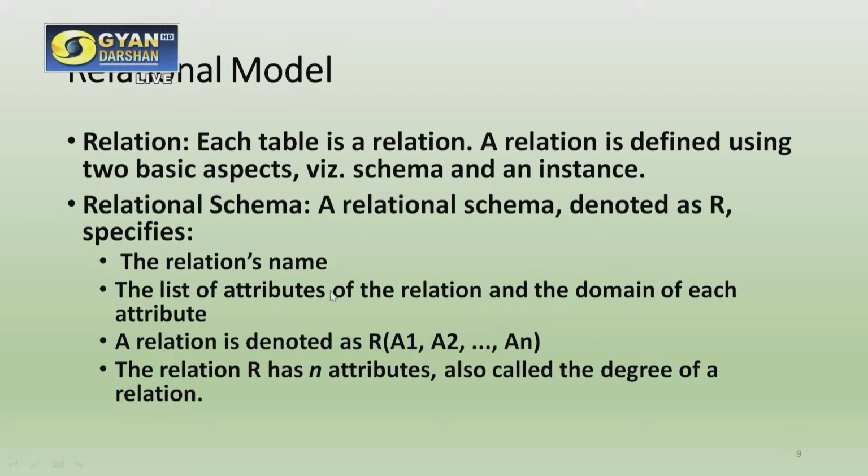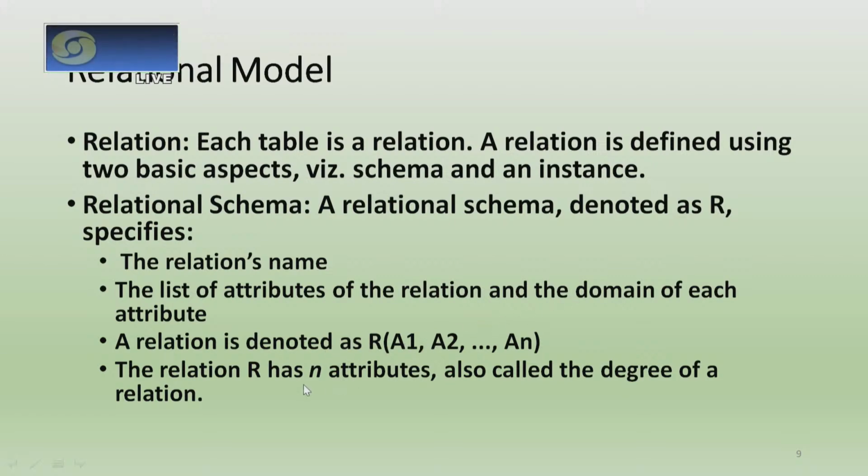It specifies the name of the relation, the list of attributes of the relation, and the domain of each attribute. So if a relation is denoted as R(A1, A2, ..., AN), R is the name of the relation, and A1 happens to be an attribute with its domain specification, right?